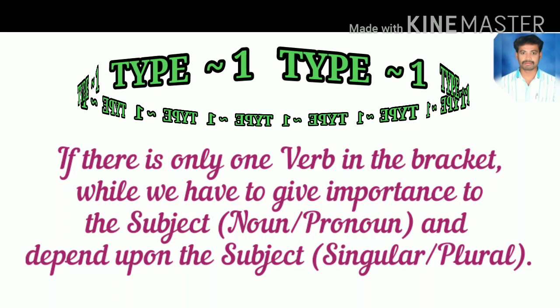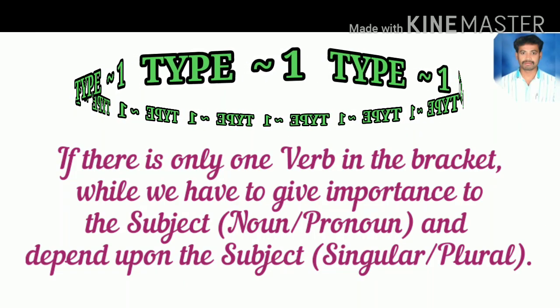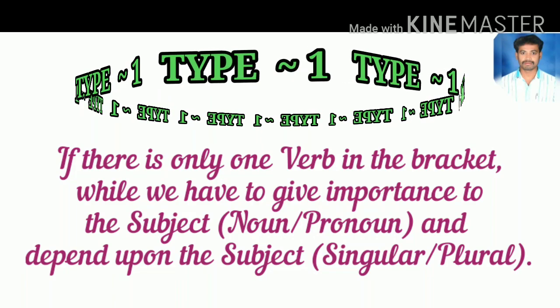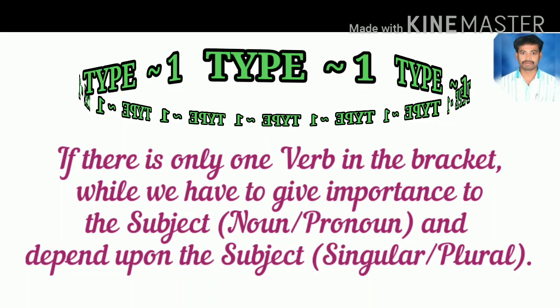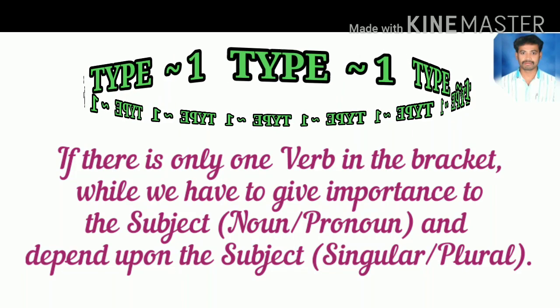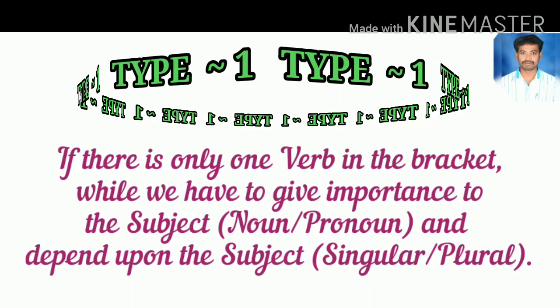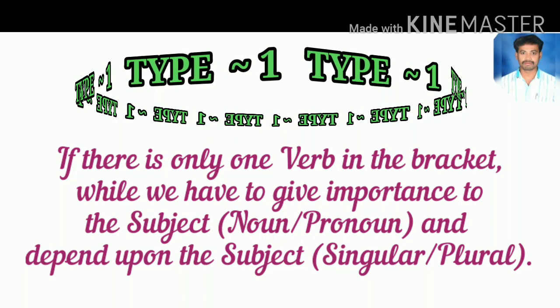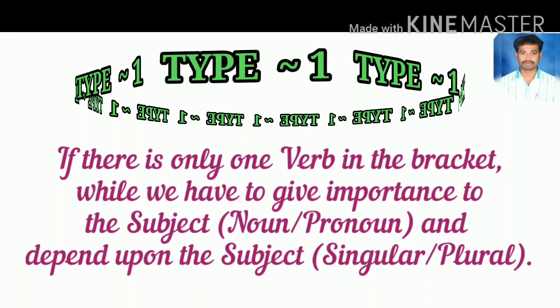In the first type, we are going to observe if there is only one verb in the bracket after the dash. Only one verb in the bracket, while or at the time, we have to give importance to the subject. Subject means here noun or pronoun.